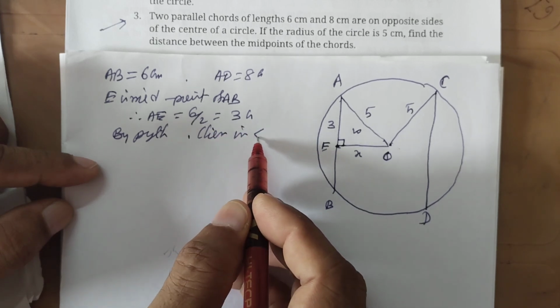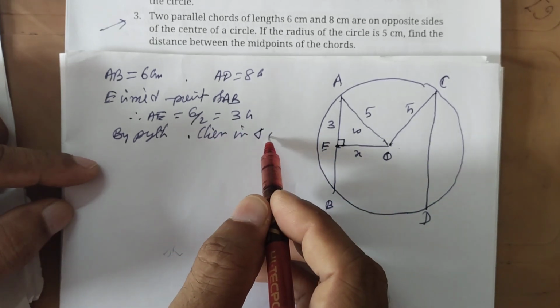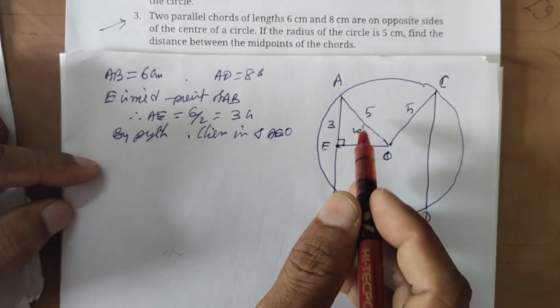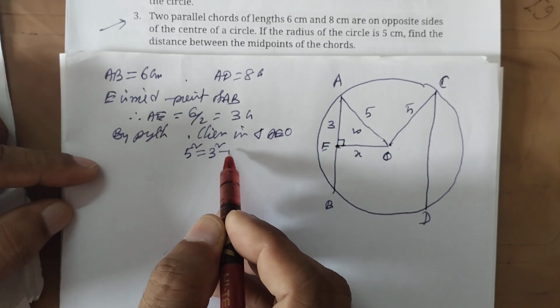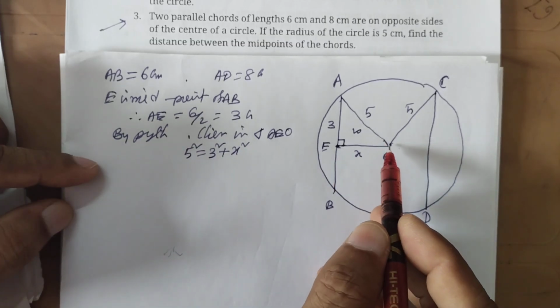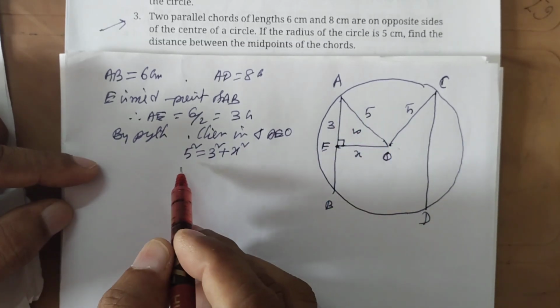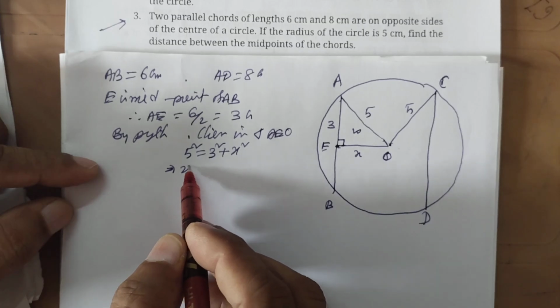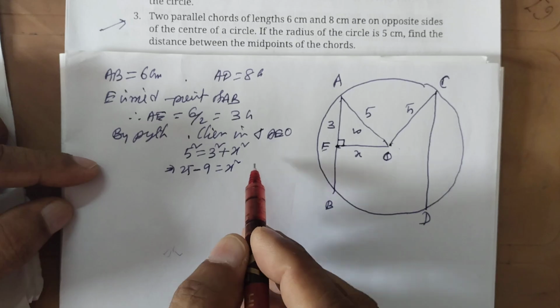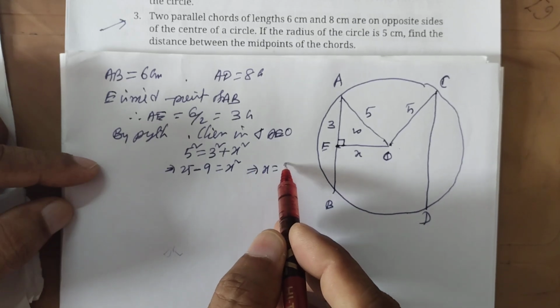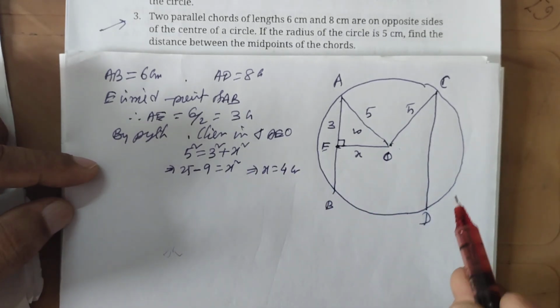In triangle AEO, 5 square is equal to 3 square plus x square. 5 square is 25, 3 square is 9. Taking the left side, 25 minus 9 is equal to x square. If you simplify, you will get x equal to 4 centimeter.